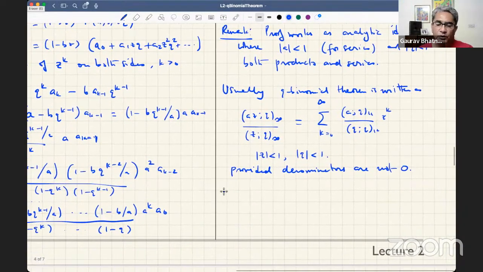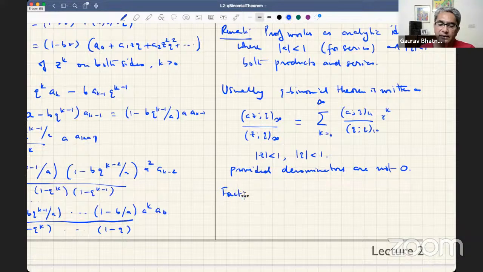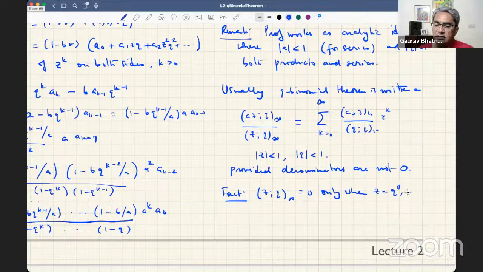I want to state another fact, which we will prove at some point: (Z; Q)∞ is 0 only when Z is Q to the 0, Q to the 1, Q squared, and so on.